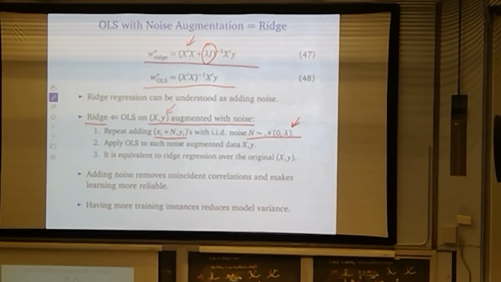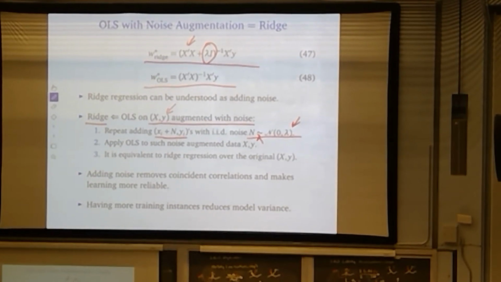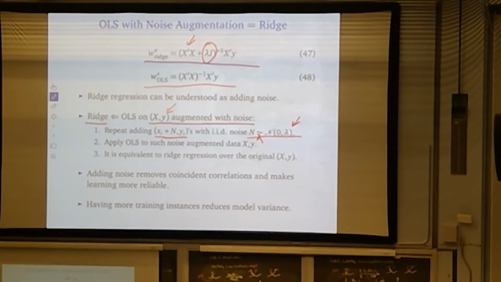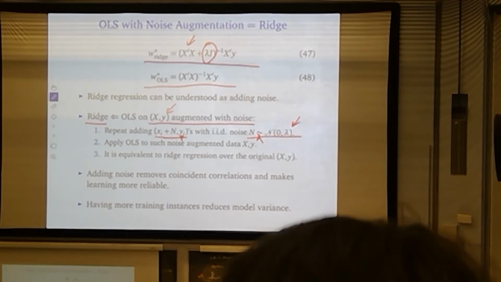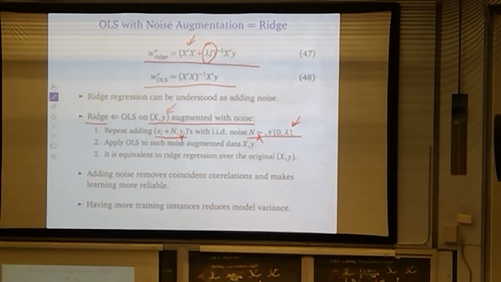Each time I just add a random sample of noise to it, with the fixed lambda. The yi has no noise. I just add some noise to x, not y, not the target value. So instead of initially having this xi, yi, I create multiple versions like that. The x shifts location, y is fixed, okay?